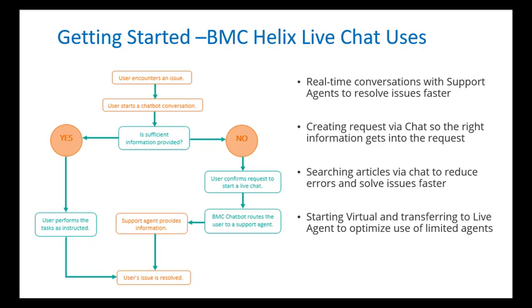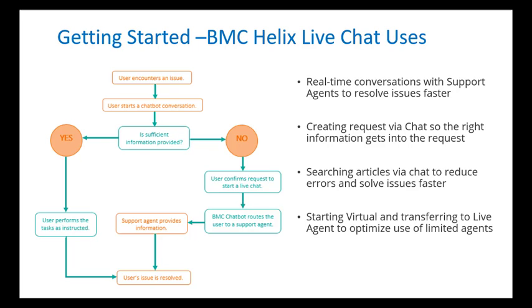The end user can start virtual and communicate with the chatbot, then transfer to a live agent to optimize use of limited agents or get further assistance. If the virtual agent cannot resolve the user's questions or provide sufficient information, the end user can request to speak with a live agent. For example, in the diagram, the user encounters an issue and starts a chatbot conversation.